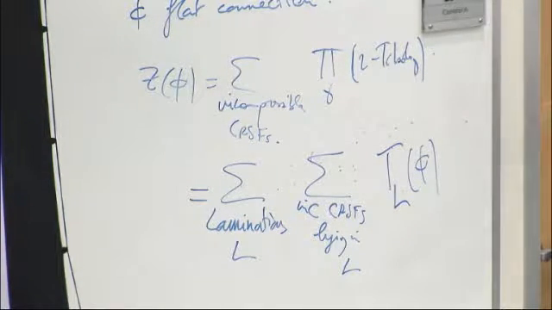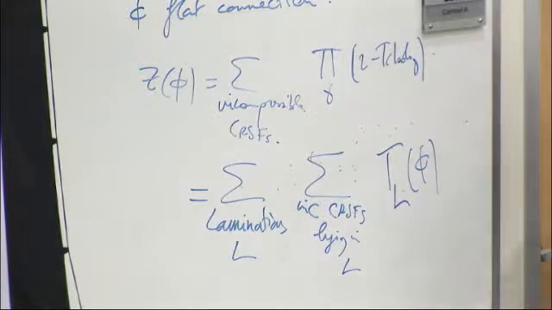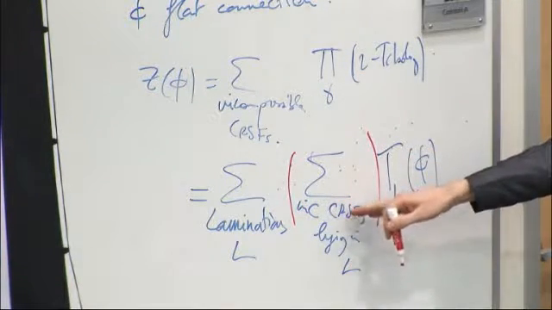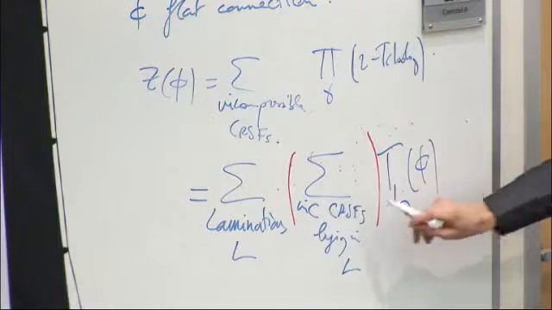And now, because of what I just said, this can be factored out, right? It doesn't depend on any of the particular CRSF. It's just a T. And now, what is this number?